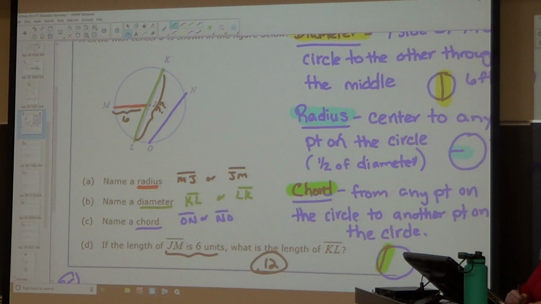Good run. And if I said if all the way across the pond was 20 miles, what's halfway across the pond? 10. That's all they want you to realize. That if I give you the radius, you double it to get the diameter. If I give you the diameter, you take half to get the radius. So it looks a lot harder than it is.